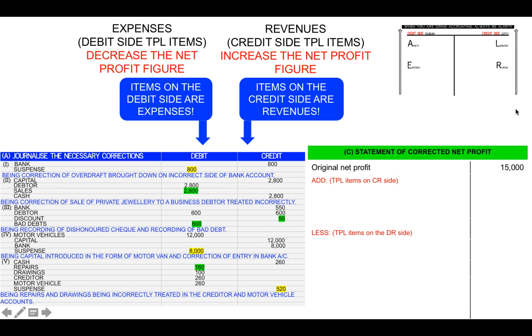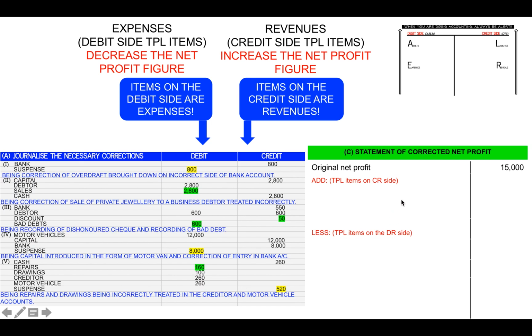Likewise, if we have a revenue on the credit side, that is going to increase my net profit figure. And if we have a revenue on the debit side, that is going to decrease our net profit figure. Okay, so items on the debit side are going to reduce my net profit figure, and items on the credit side are going to increase my net profit figure.